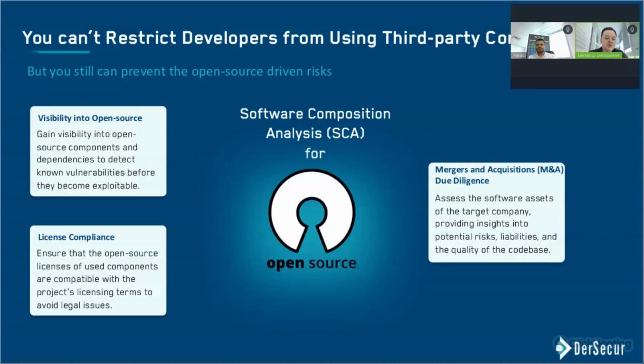But if you want to use this open source component in commercial-grade software, there can be different liabilities and restrictions. So that's why it's very vital to run software composition analysis, to first understand the vulnerabilities in your open source components and to see the licensing risks. So this is possible with software composition analysis in DerScanner.